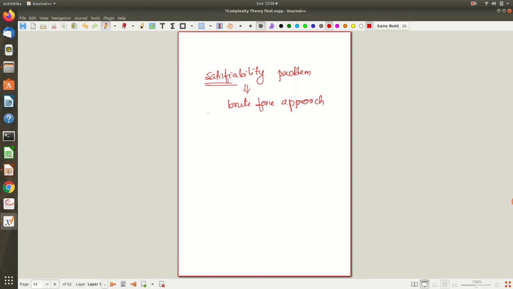Basically what is happening is, for the first variable I am getting 2 choices. It can be true or it can be false. Similarly for the second variable again it can be true or false, and the third variable again it can be true or false.